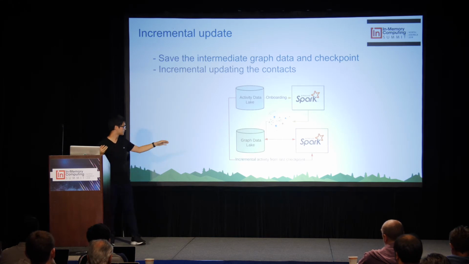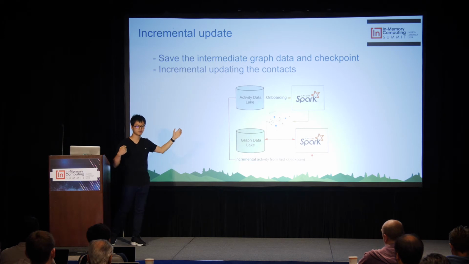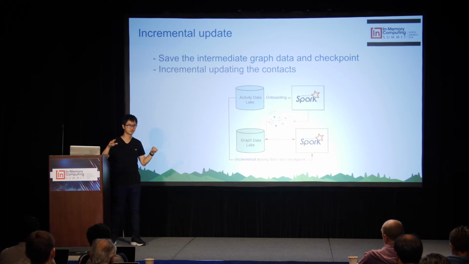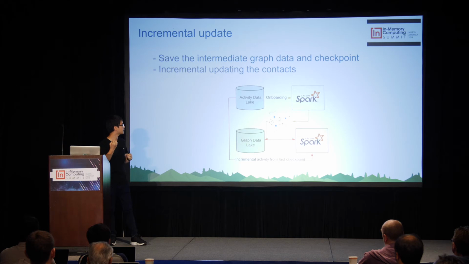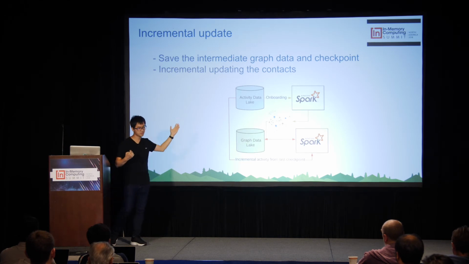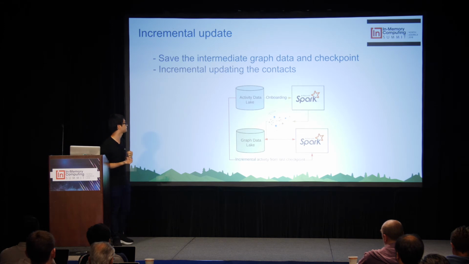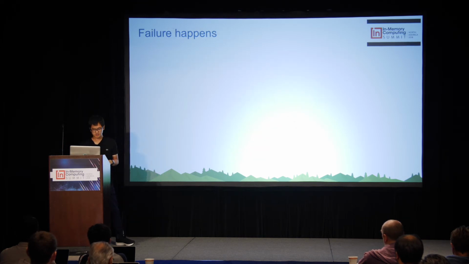Every day, we just need to run regular jobs that read the delta data from our activity data lake, combine it, and produce the new graph. This is quite a smart way that saves a lot of time instead of reading from scratch. But failures can happen.